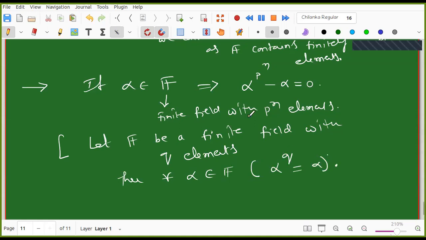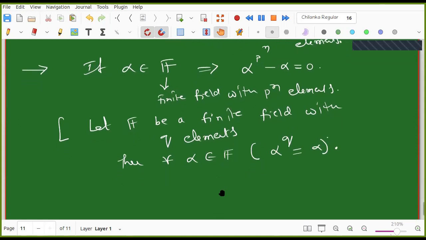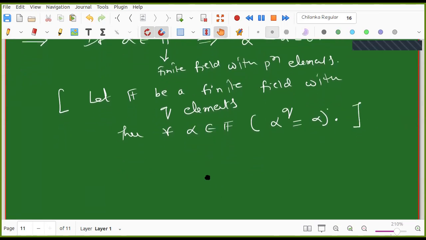Is the statement clear? Is it not like Fermat's little theorem? In Fermat's little theorem also, x power p equals x, you remember, right? But now we are extending it. Somebody give the proof now, quickly.